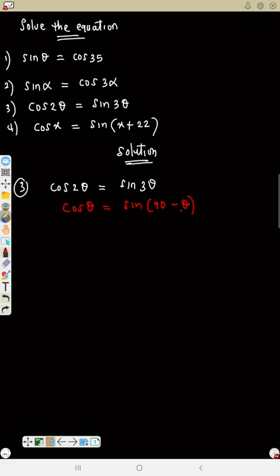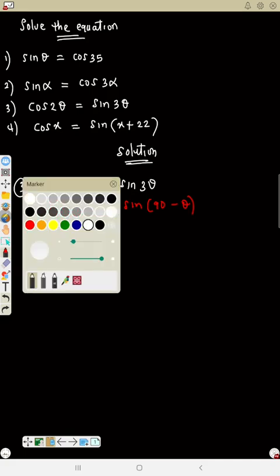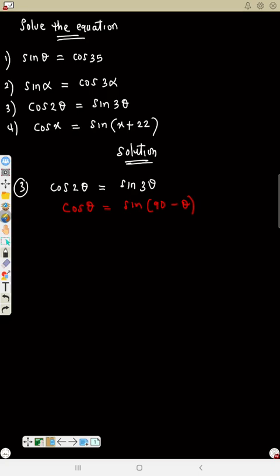Now if you compare the two, you will see that the angle in this case is 2 theta. We did not have only theta, so you can make it cos 2 theta equals sine 90 minus 2 theta. If theta here can be theta there, then 2 theta here will be 2 theta there. Still the same identity.